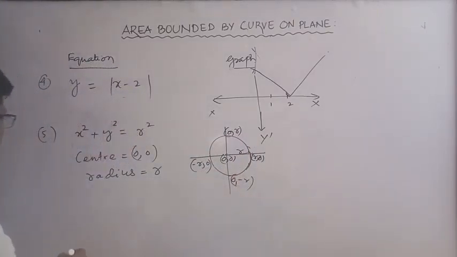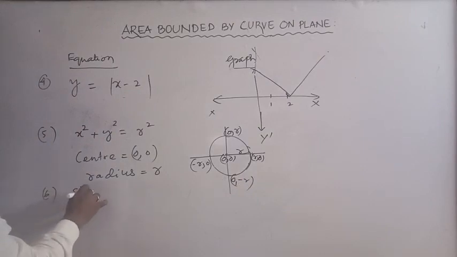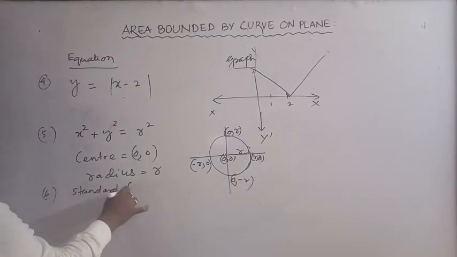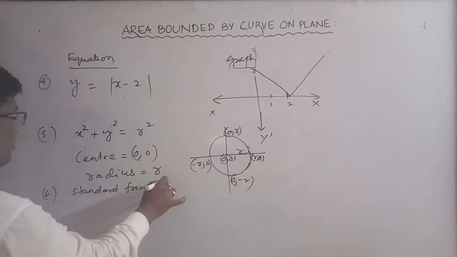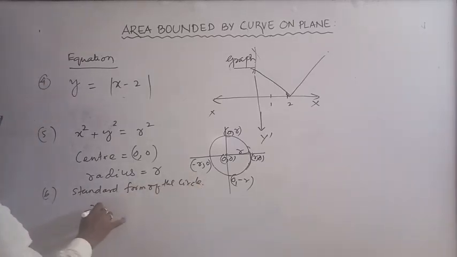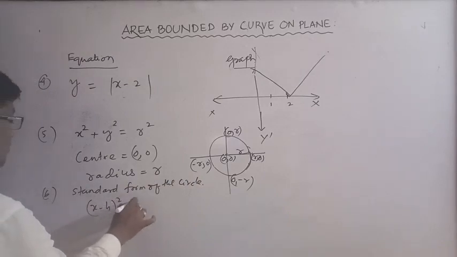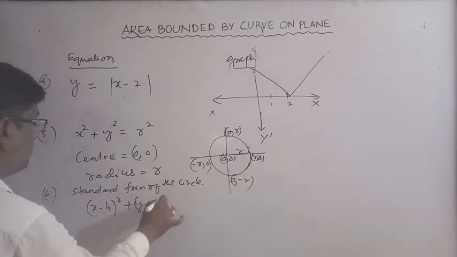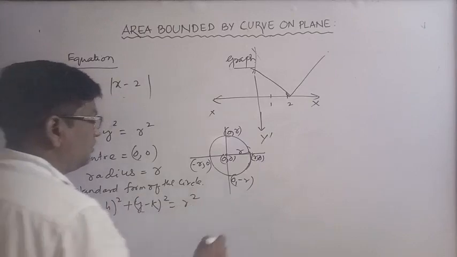Now the standard form of the circle: x minus h whole square plus y minus k whole square is equal to r square.